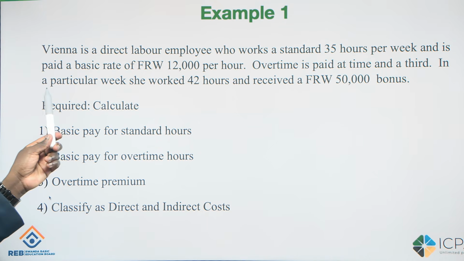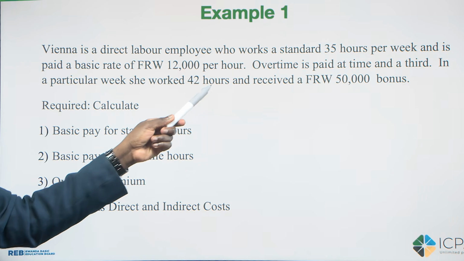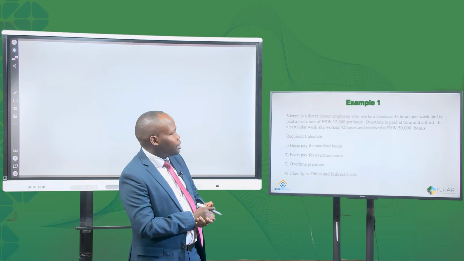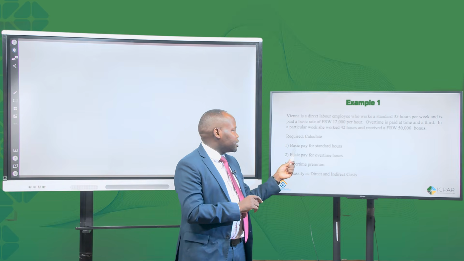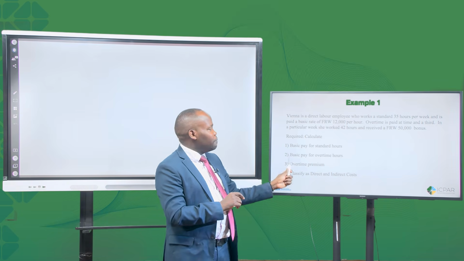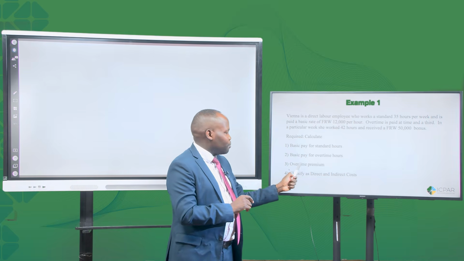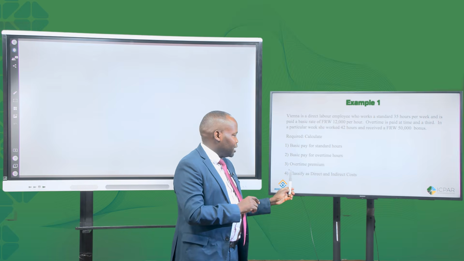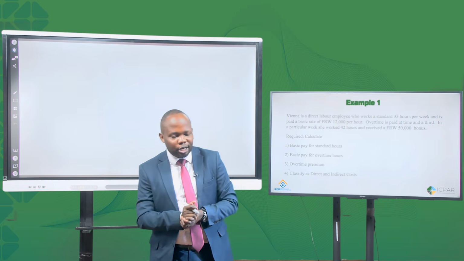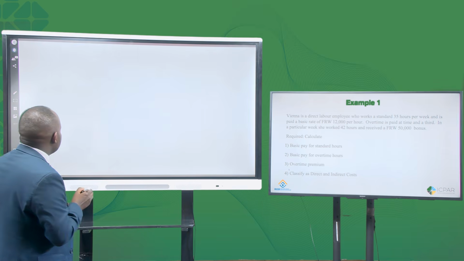In a particular week, she worked 42 hours and received a bonus of 50,000. Required: number 1, calculate the basic pay for standard hours. Number 2, the basic pay for overtime hours. Number 3, overtime premium. And then finally, classify as direct and indirect. So let's go to our board and do that calculation.